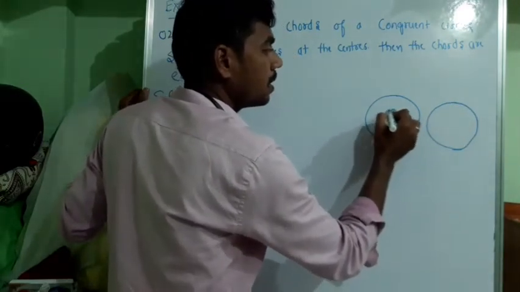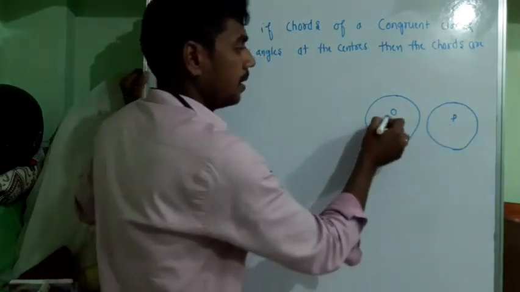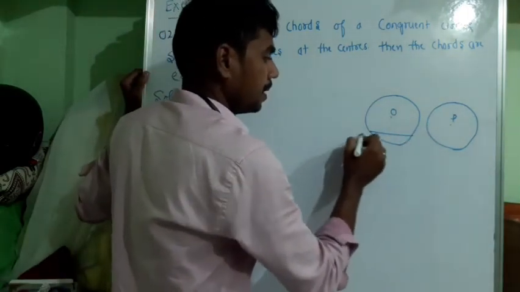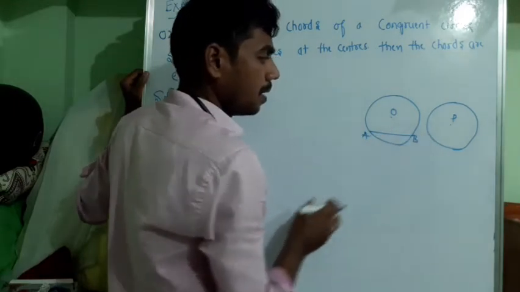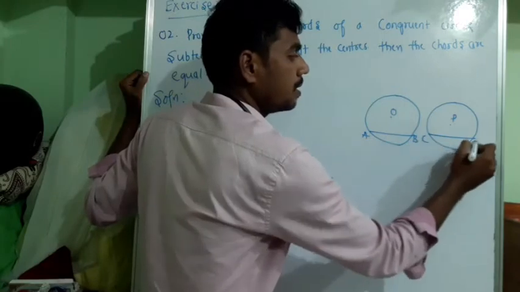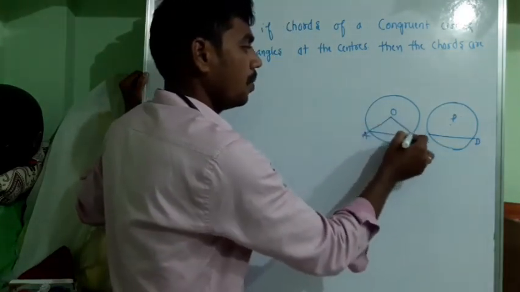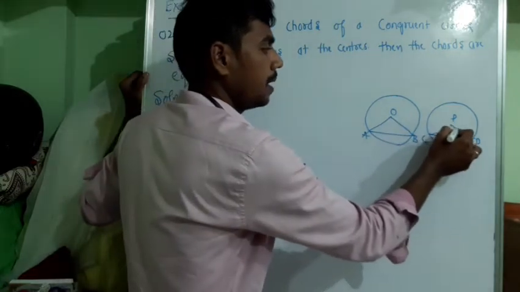Suppose O is the center, P is the center of the other circle, AB is a chord of the first circle, and CD is a chord of the second circle. Then join AO, OB, CP, PD.